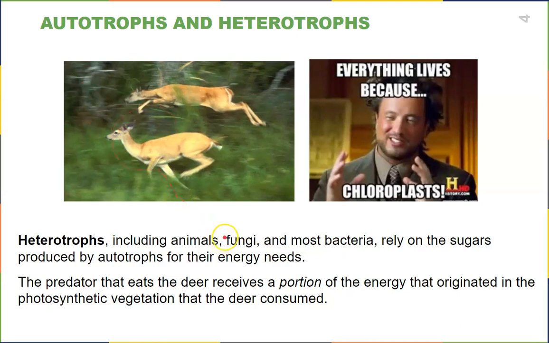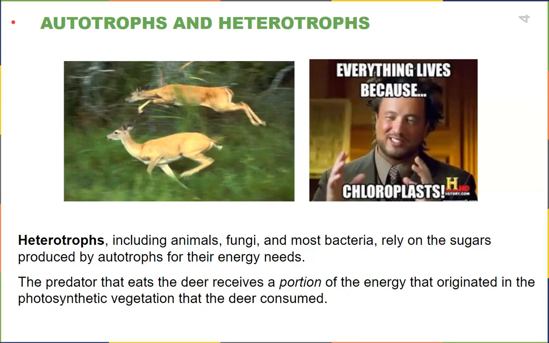They would actually be herbivores, right? So they rely on plants to do photosynthesis so that they can reap the benefits of those plants. So a predator that eats the deer, however, would be a carnivore, so they would eat meat, right?